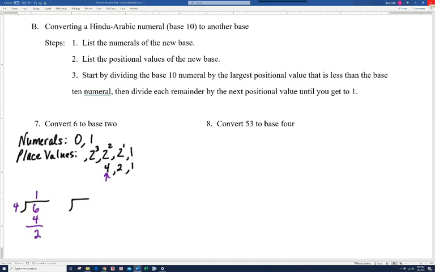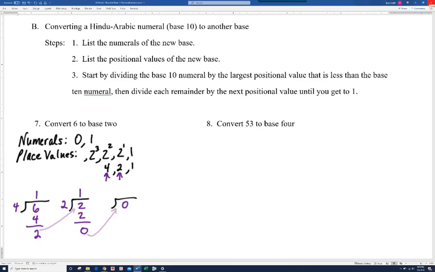And so now we're going to move our 2 to the dividend in the next division, and now we're going to divide by our next positional value, which is 2. 2 goes into 2 one time. 1 times 2 is 2, and when we subtract we get 0. And then again, we'll take our remainder and move it to the next division as the dividend.